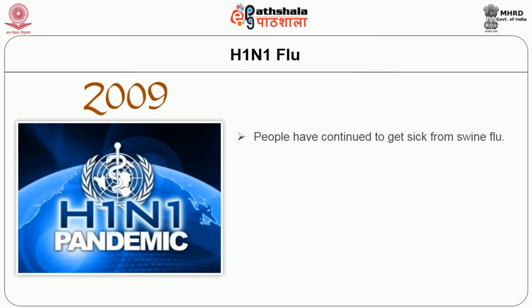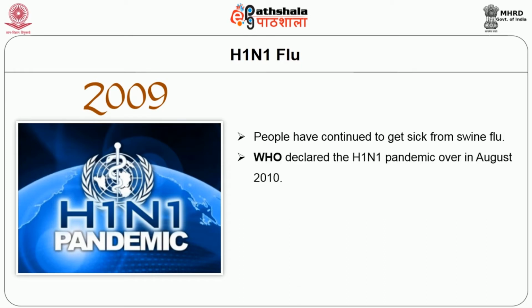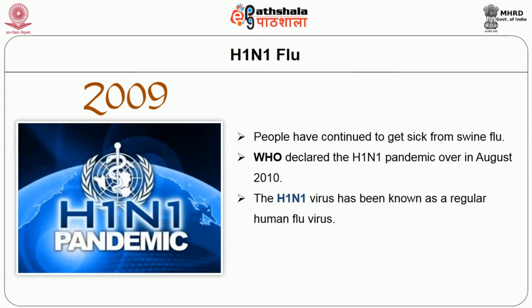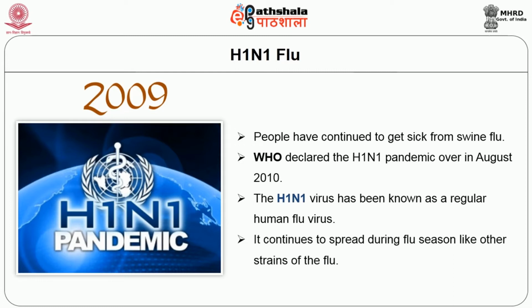Since then, people have continued to get sick from swine flu. The World Health Organization declared the H1N1 pandemic over in August 2010. Since then, the H1N1 virus has been known as a regular human flu virus. It continues to spread during flu seasons like other strains of virus.